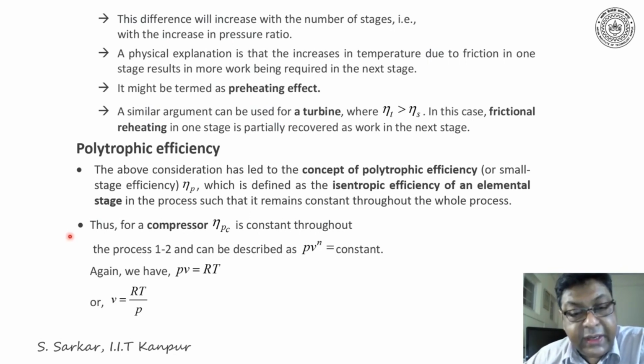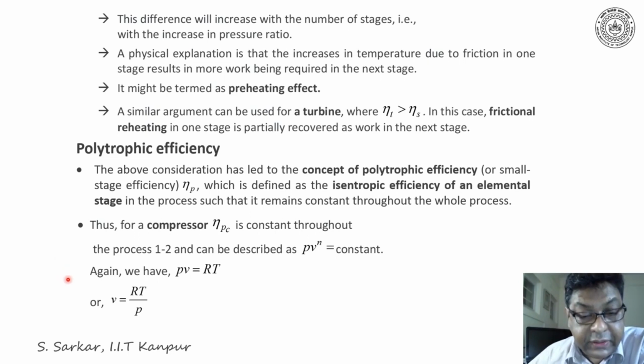Thus, I can say for a compressor, eta PC is constant throughout the process 1-2, and it can be described as PV to the power n is equal to constant, where n is called the polytropic index.